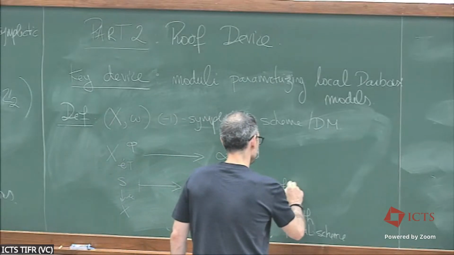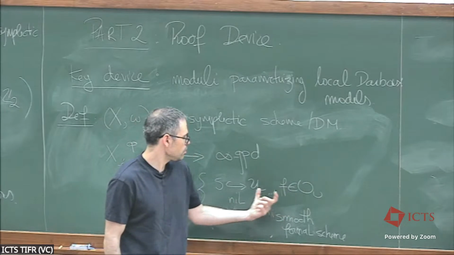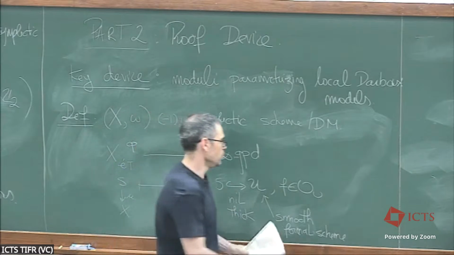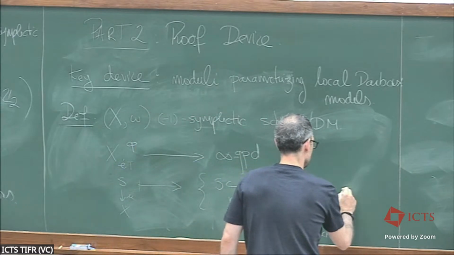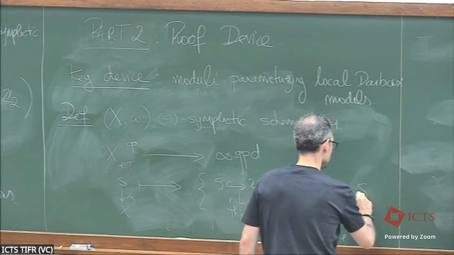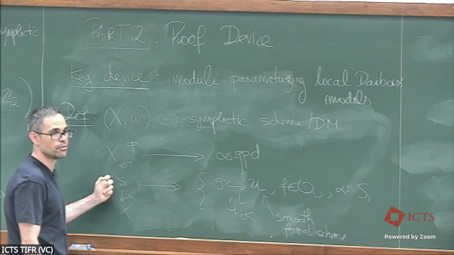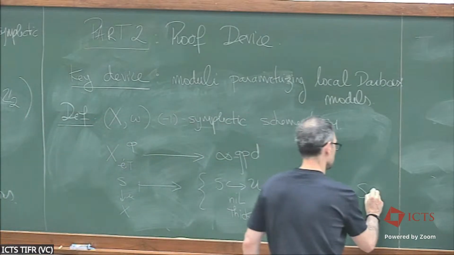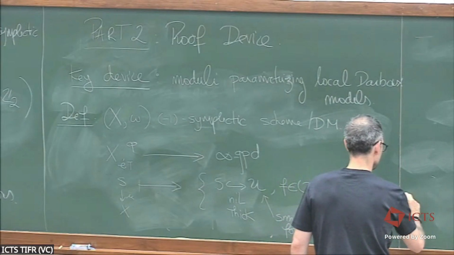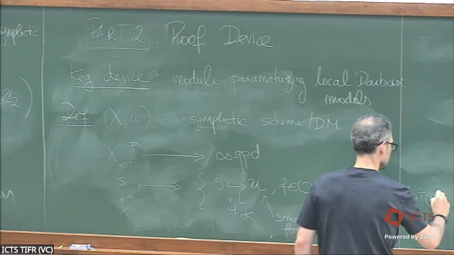I'm going to take a function f on U. Essentially what I want is that the critical points of f on U be S symplectically. So I want alpha to be a symplectic identification. Since this map is étale, I can pull back the symplectic form, and I get the symplectic form here. And I want a symplectic identification between this and the critical points of f on U.